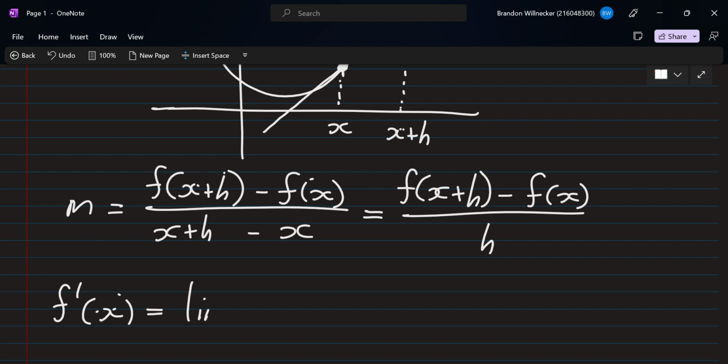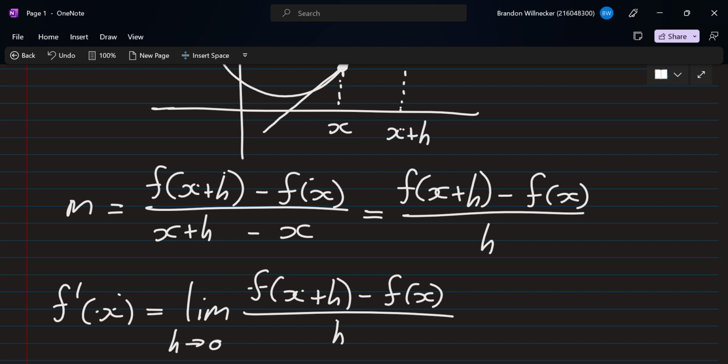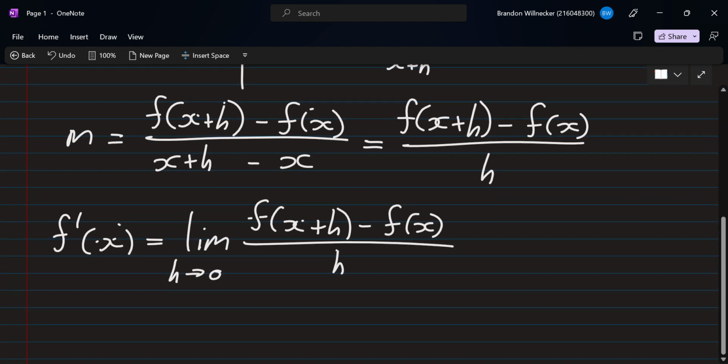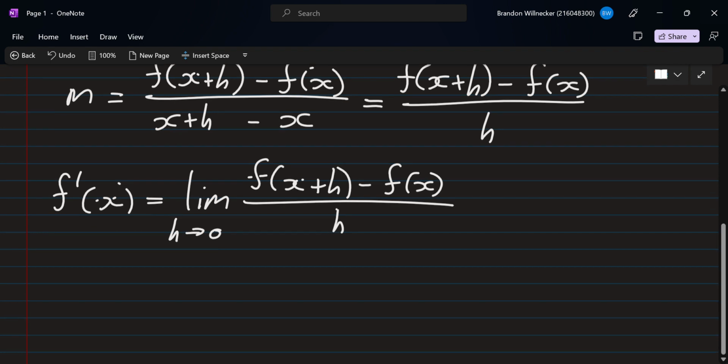So that will be the limit as h goes to 0 of our average gradient above, f of x plus h minus f of x over h. That is the definition of the derivative, and given some function f, in principle, we could find the derivative using this definition.